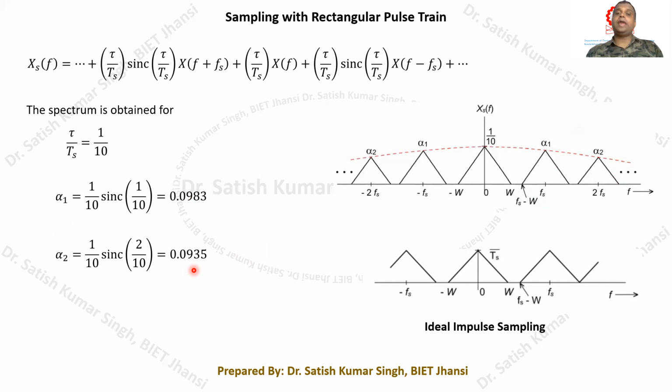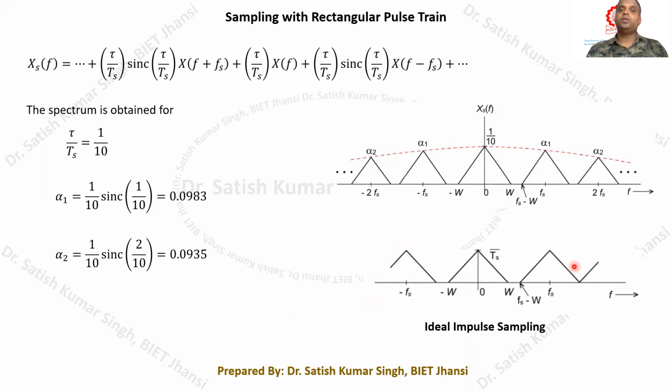So basically you try to compare the spectral components. When we have taken the ideal impulse for multiplication, in that case all the spectral components or sidebands, the infinite sidebands, have equal amplitude.